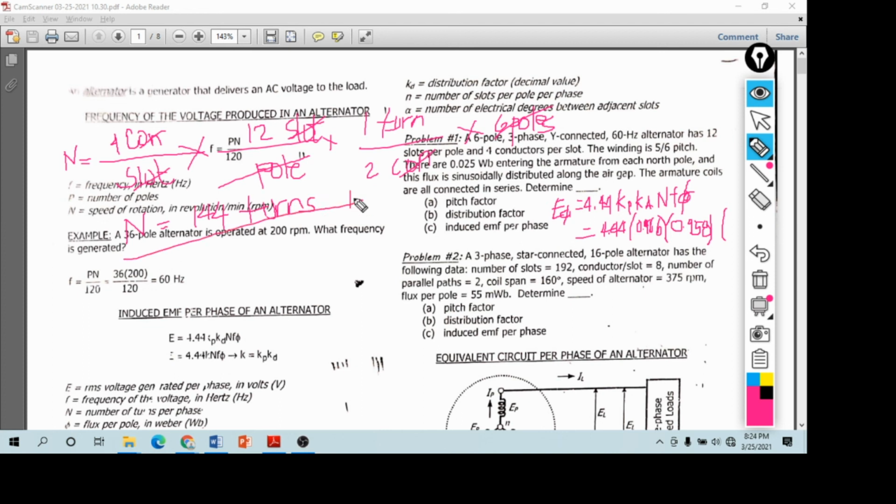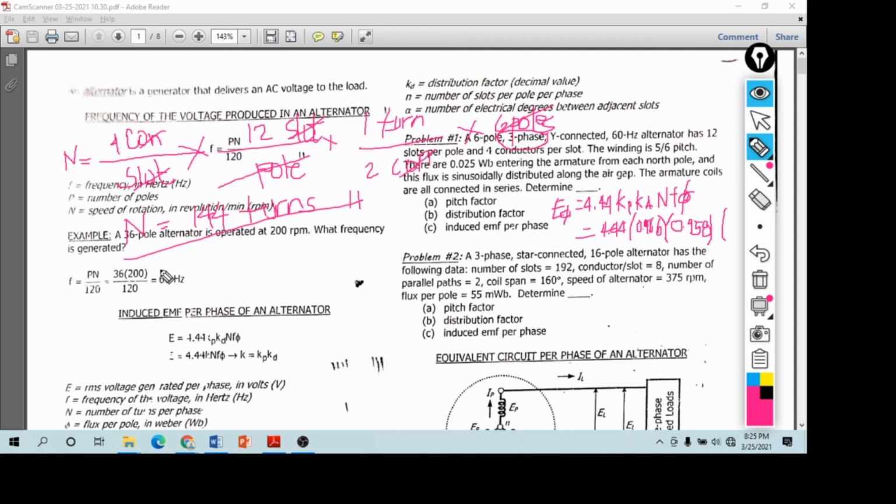Now, the question is, can we use this here? No, the answer is no. This is the overall number of turns, but our N here is turns per piece. Let's remember, there are 3 pieces.